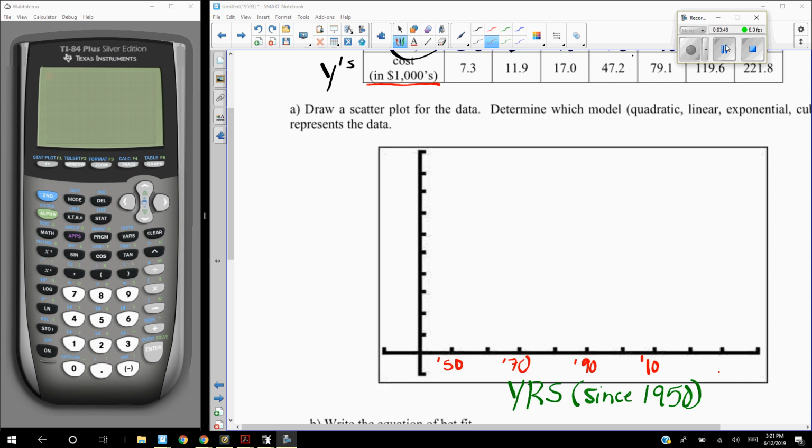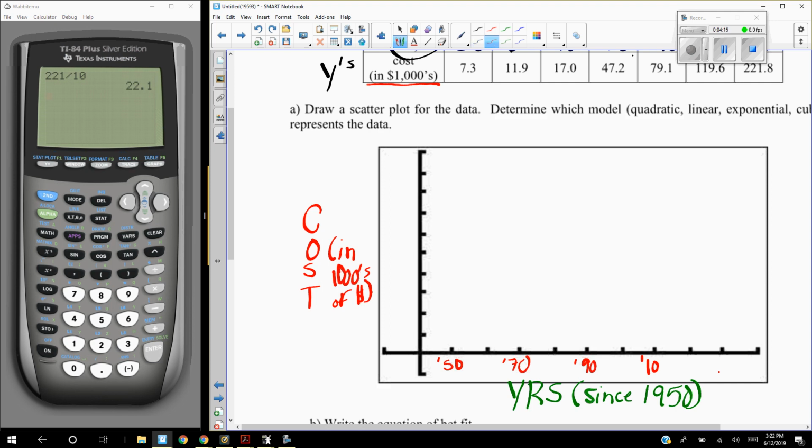Same thing with the y-axis. And then on the y-axis, again, that is cost in thousands of dollars. So pick a good number to count by on the y-axis.